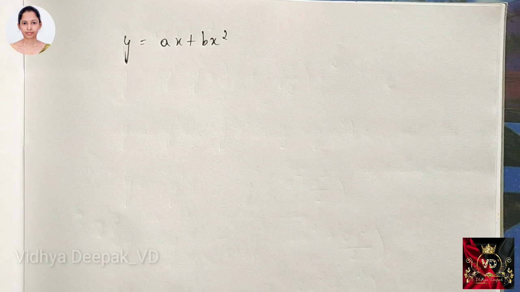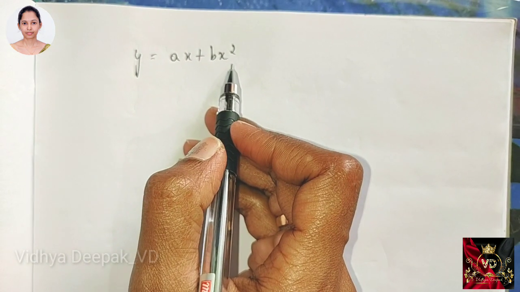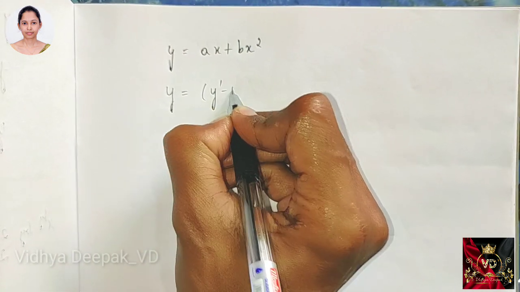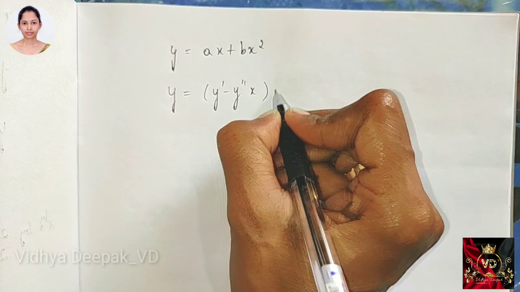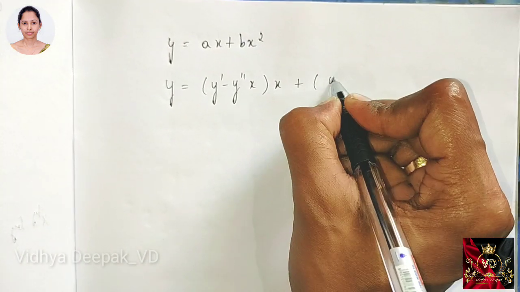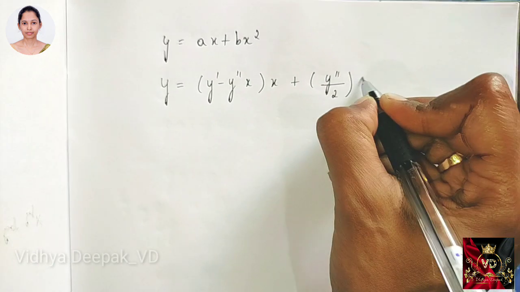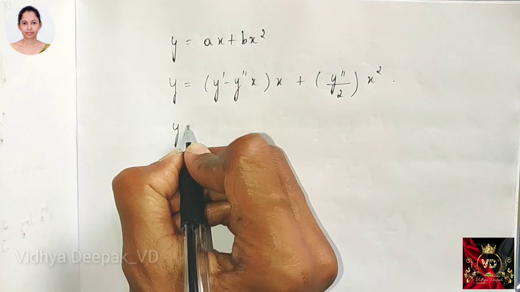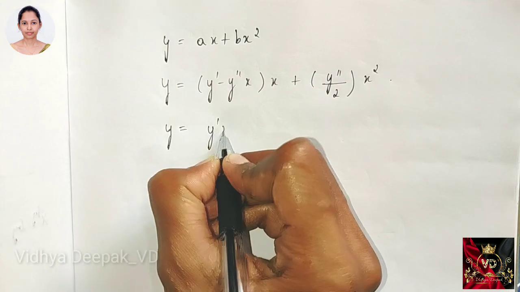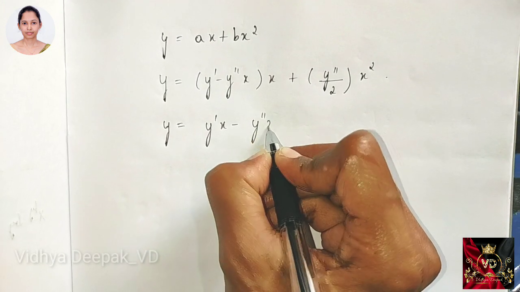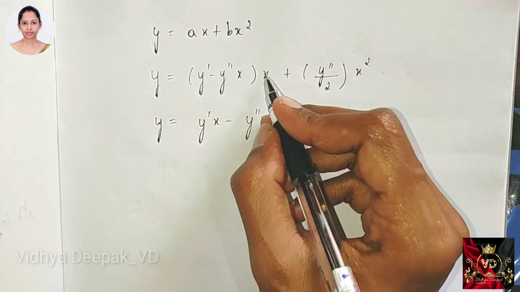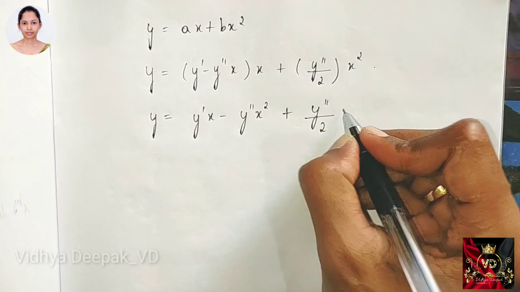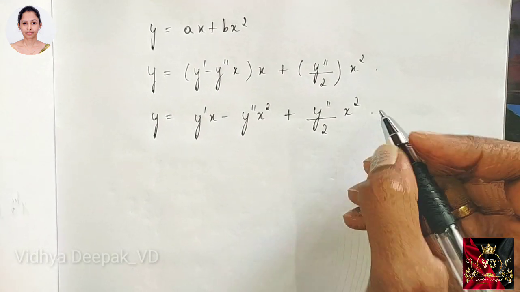This is a given equation, y is equal to ax plus bx square. So what is the value of a? a is nothing but y dash minus y double dash of x into x plus, what is the value of b? y double dash divided by 2 into x square. So after simplification, what do you get? This becomes y dash into x minus y double dash of x square, this is x into x square, y double dash divided by 2 into x square.